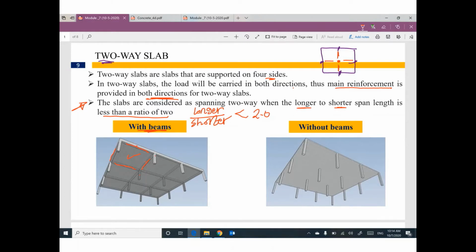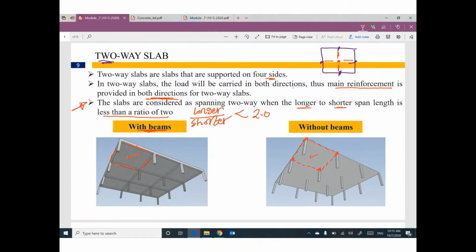Sometimes we don't have beams. The slab is supported directly on column. So can you watch this square or this rectangle shape? We have here a column, column, column. So your slab is supported at these corners by columns directly.